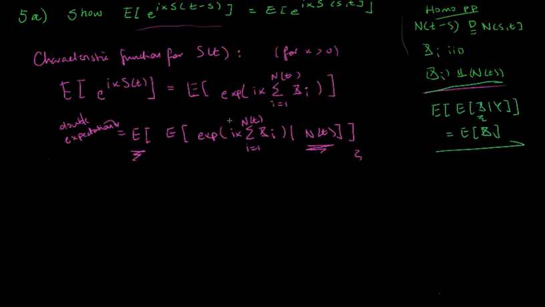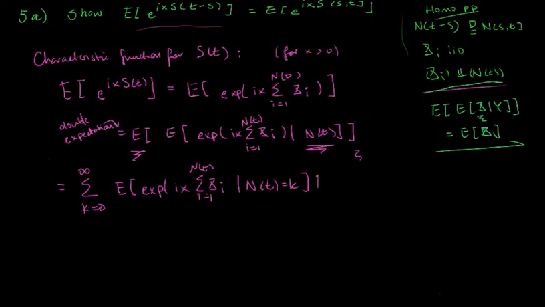And N of t is Poisson distributed, so it can be 0, 1, 2, 3, and so on, and multiply each of the cases with the probability that it will attain that value. So let's see. I have the sum for k going from 0 to infinity, and then I have the different cases here, the conditional expectation of the exponential Ix times the sum of the first N of t Xi's, i equals 1 to N of t, given that N of t is equal to k. So then I multiply by the probability that that will occur.